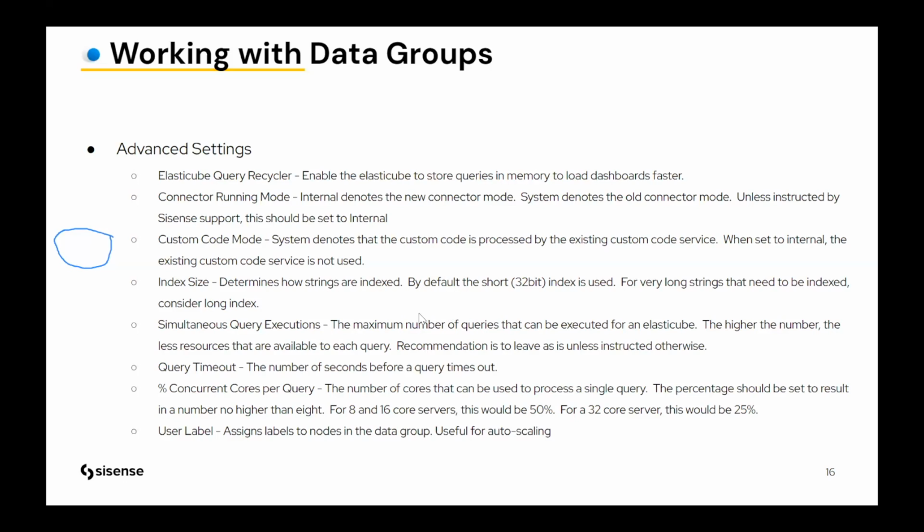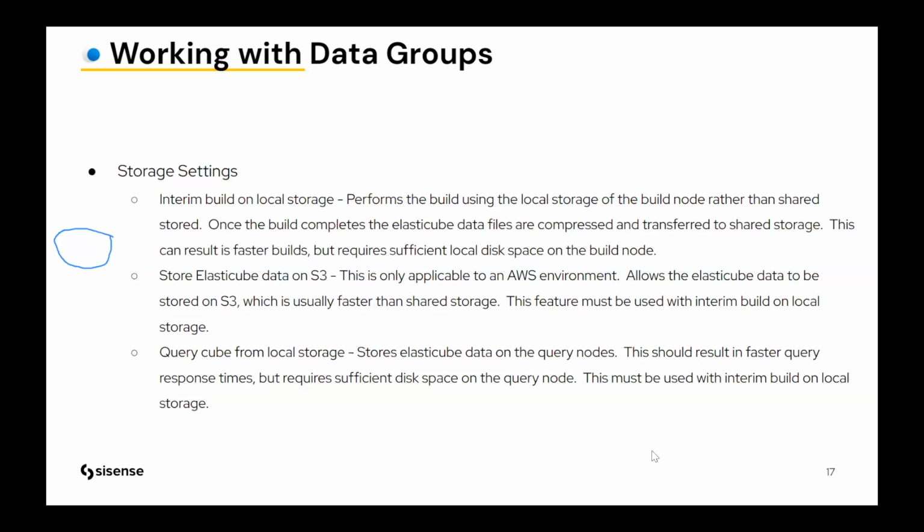It defaults to short. Simultaneous query executions, the query timeout, percent concurrent core per query, and user label. Storage settings we talked about: interim build on local storage, storing the data on S3, and then query cube from local storage.